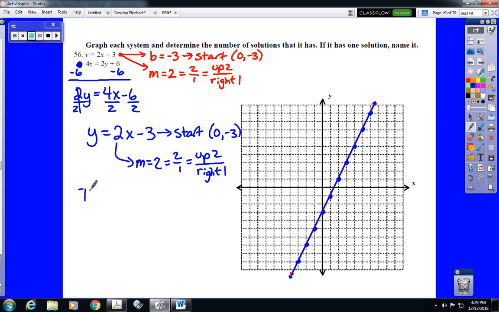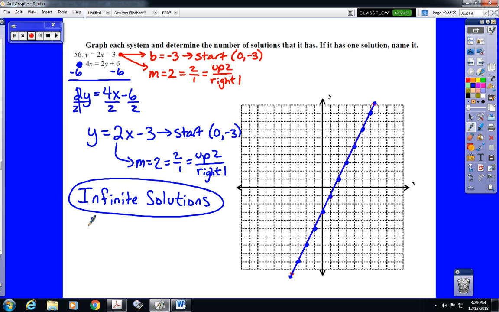So we would state that this system has infinite solutions, and that would be our answer. Because again, every point on the line is a solution. And a line is an infinitely large set of points.